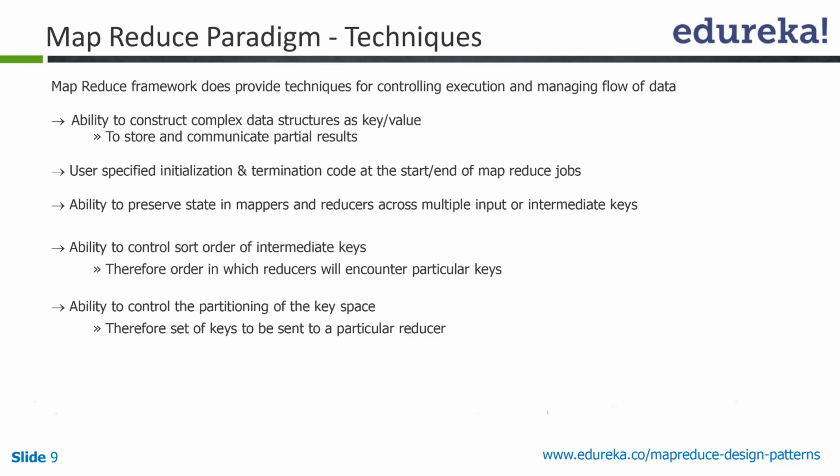This is done through the sorting part that I talked about earlier, by using your own comparators. And the ability to control the partitioning of the key space, you know this pretty well. This is the hashing which is done by the partitioner by default, and you can go ahead and change that behavior.